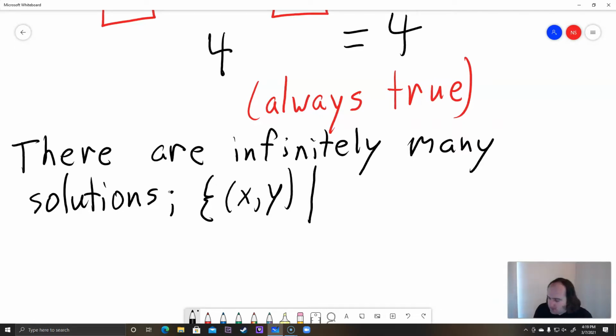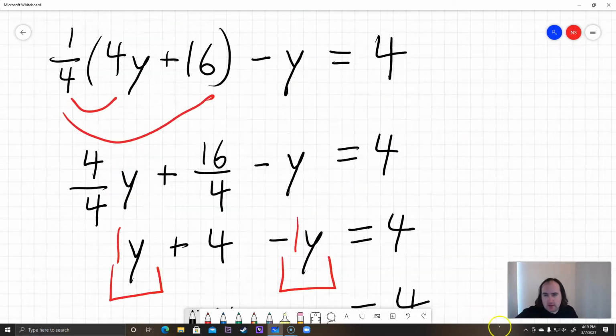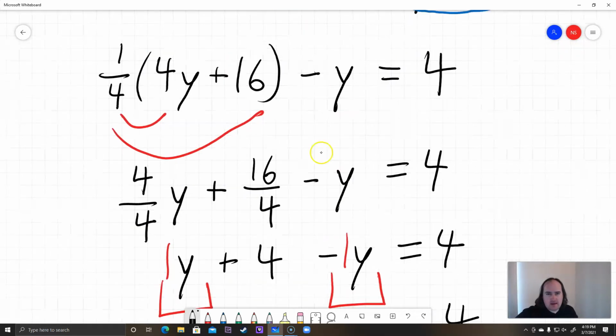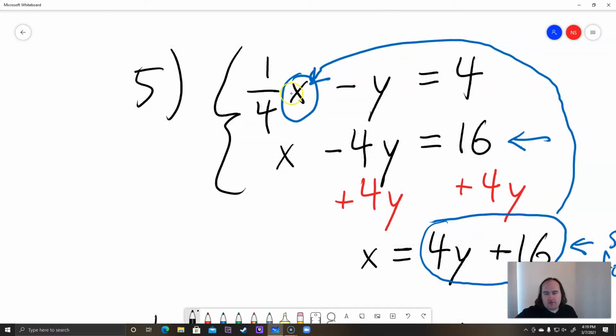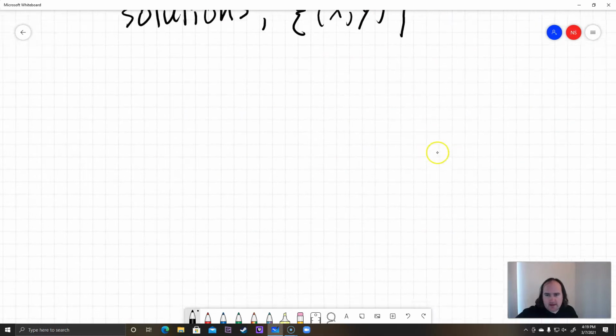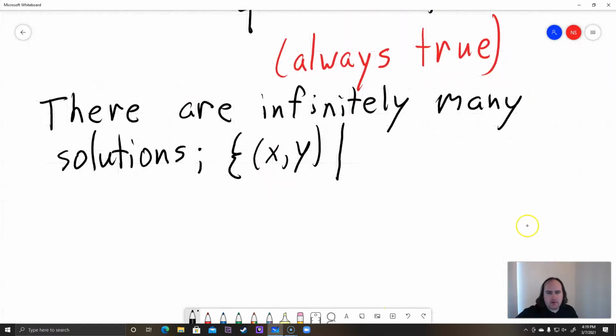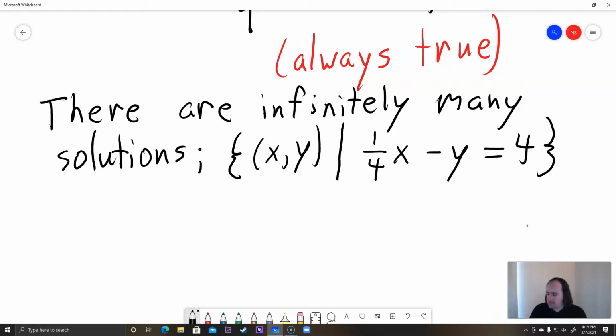And then you just go ahead and write one of the original equations. So the first equation that we had was actually 1/4 x minus y equals 4. So we're going to go ahead and write that here. Okay, so we write 1/4 x minus y equals 4. And then you put another curly brace at the end to show that that's the end of the set.